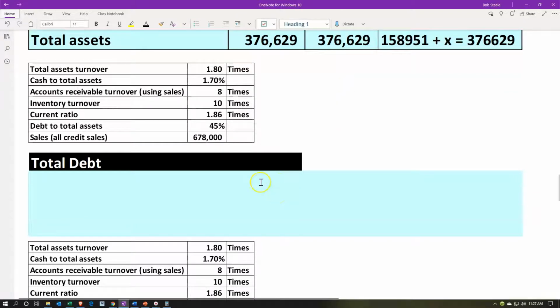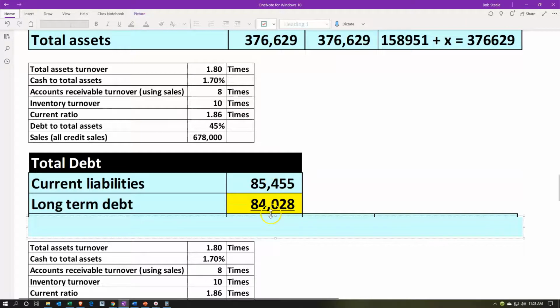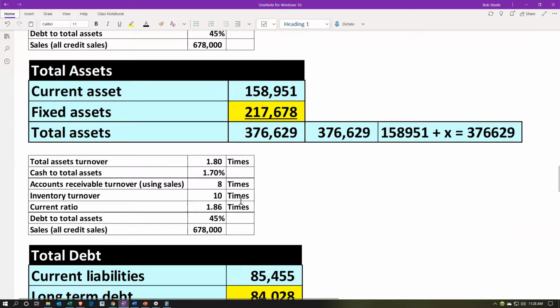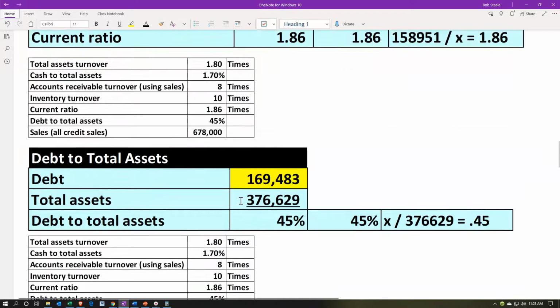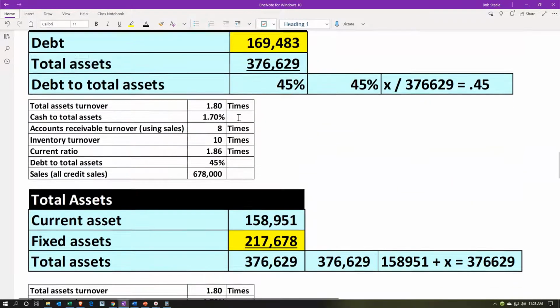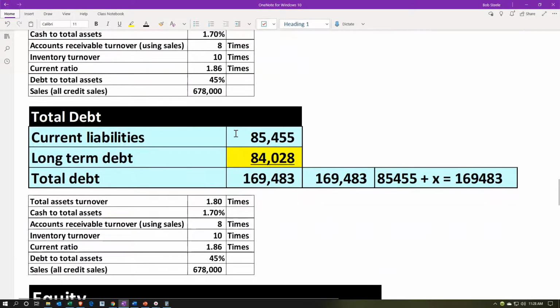We're going to figure out the total debt, and that's going to consist of the current liabilities plus the long-term debt. The current liabilities we figured out up top, we have it in the current ratio. Current liabilities 85,455.